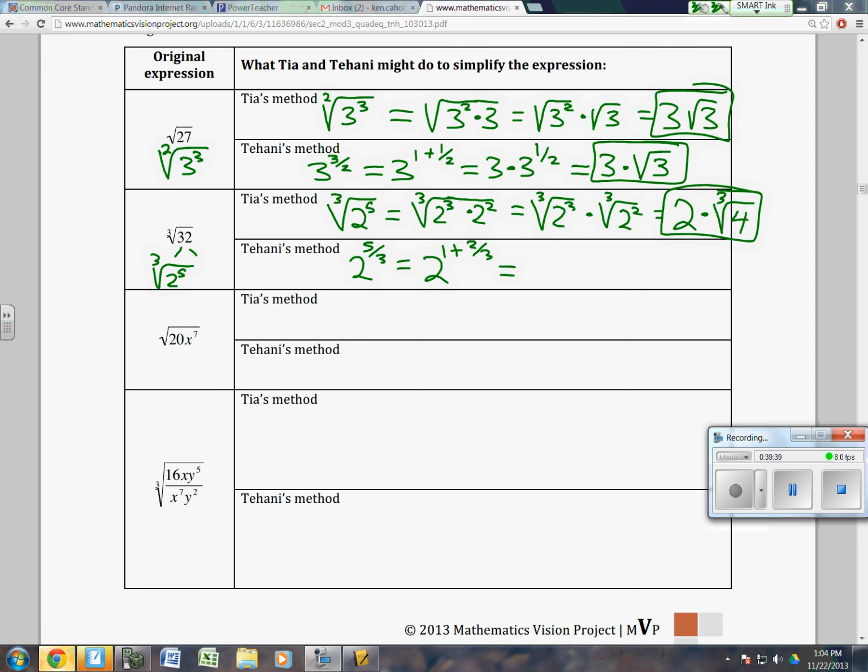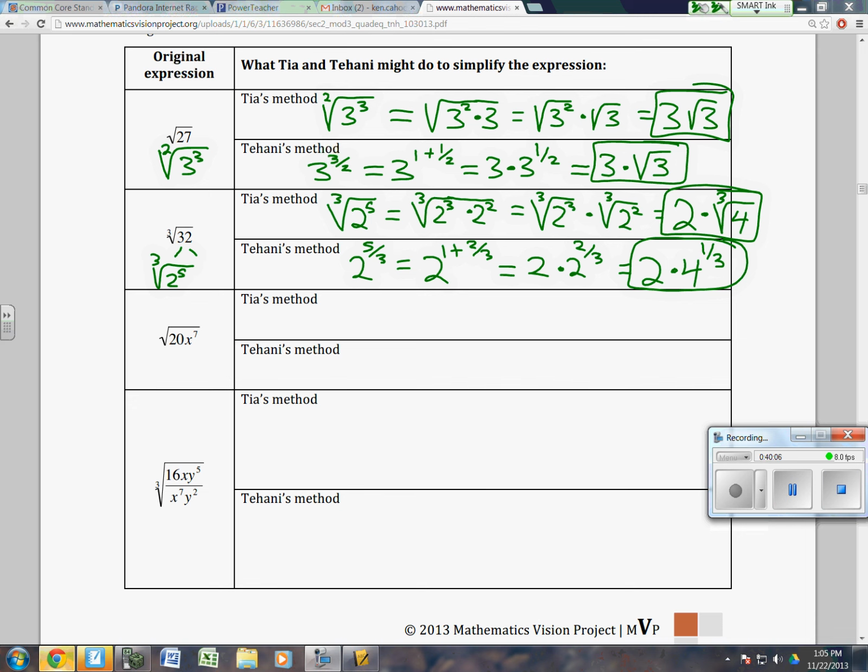So that's 2 to the 1 power times 2 to the 2/3 power. I could leave it like that, or I could write 2 times, and since 2 squared is 4, I can write 4 to the 1/3 power, if you wanted to make it look like the other answer over here. Because I could raise it to the top number's power. 2 squared is 4.